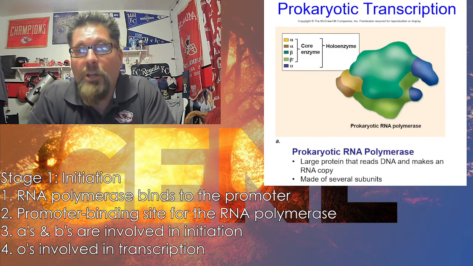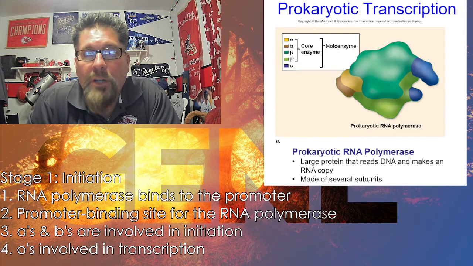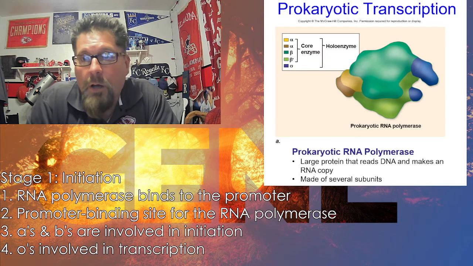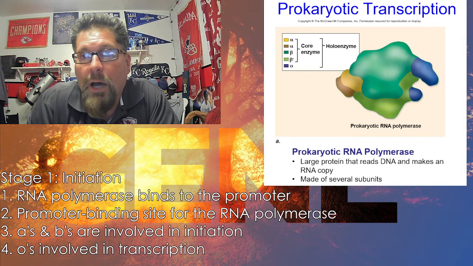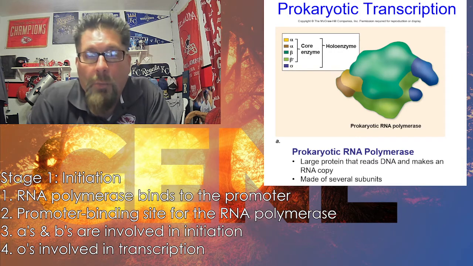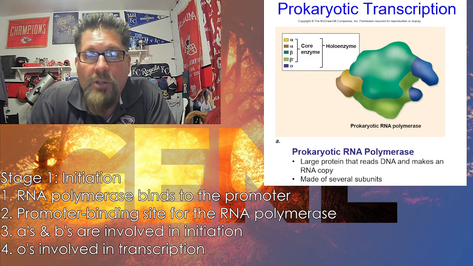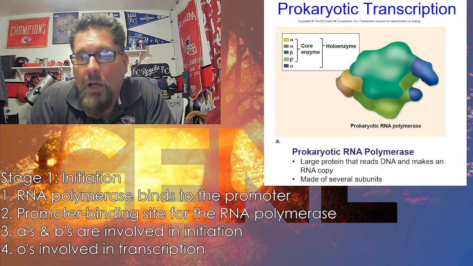Now, during initiation, if you remember that eukaryotic cells had transcription factors, the same type of thing is going on here. The enzymes alpha prime, beta prime, those are associated with getting things started, initiation, and of course you've got an omega enzyme, which is more about the transcription process during elongation, but it attaches at this time.